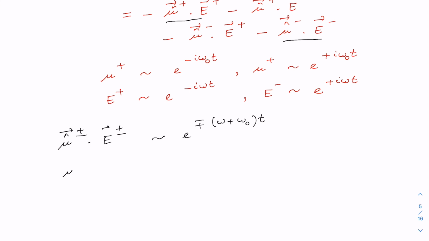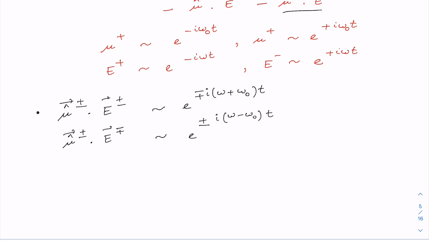Similarly, you will have mu plus dot E minus, that will vary as e to the power plus i omega minus omega 0 t, or mu minus dot E plus, that combination will vary as e to the power minus i omega minus omega 0 t. So clearly these two terms vary very rapidly, they oscillate very rapidly.